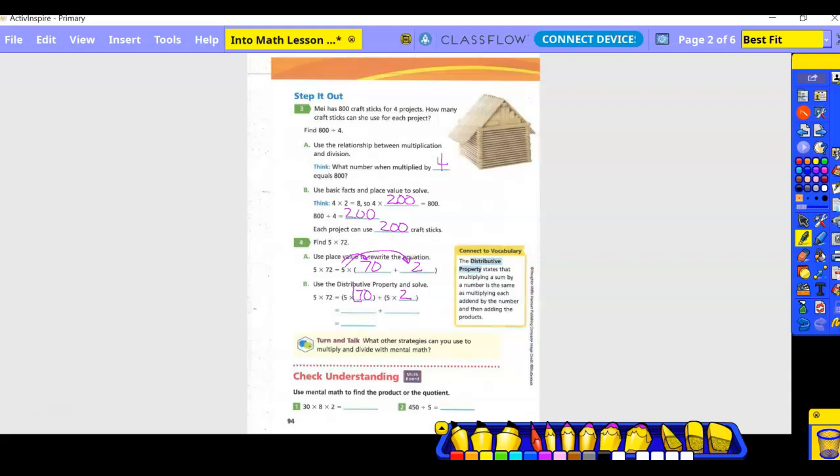So 5 times 7 is what? 35, and add a 0. 5 times 2 is 10. So 350 plus 10 is 360. So 72 times 5 is 360.